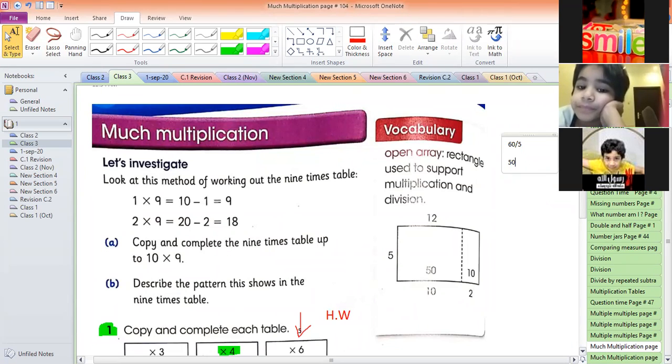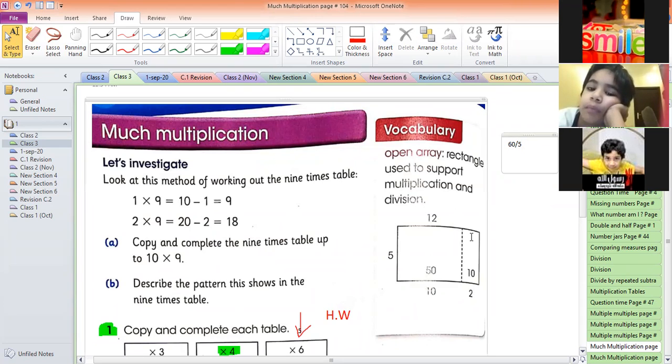But if you have another number, we'll try to break it so that you have a 0 on one number. Here 60 already has 0, so you break it into 50 plus 10. You write 50 here, make one dotted line, and write 10 here. 50 plus 10 equals 60.